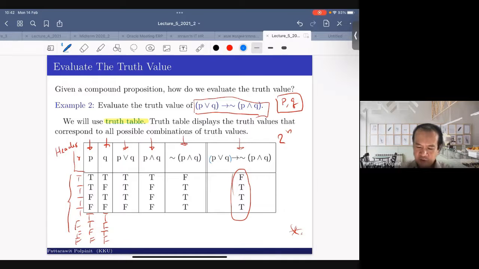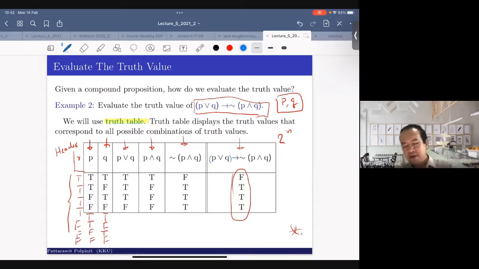I should put a bracket onto it. So they want to find the truth values of (P or Q) imply negation of (P and Q), right? So as I said last time, the first thing you should do is determine how many rows you should have in your truth table, right?